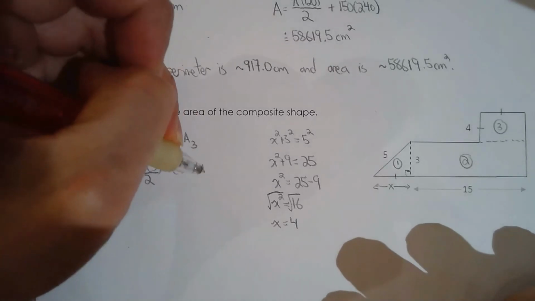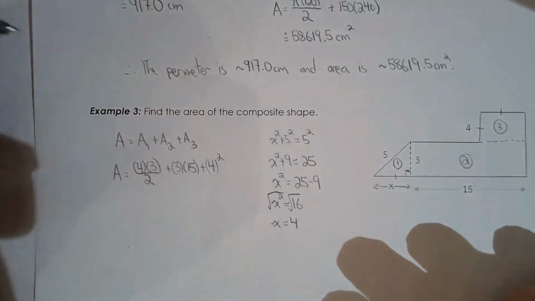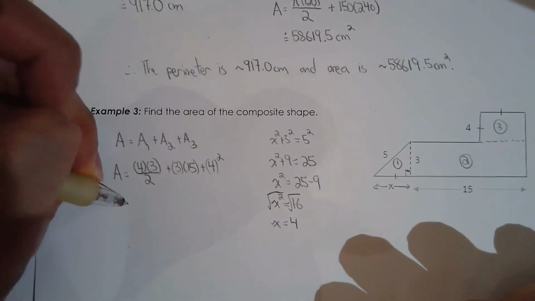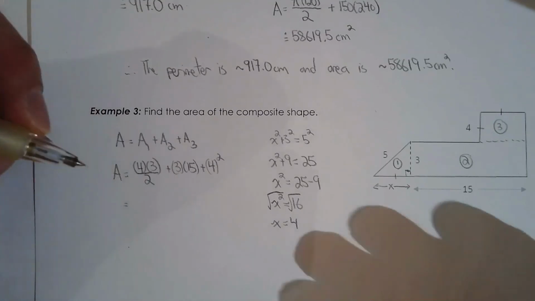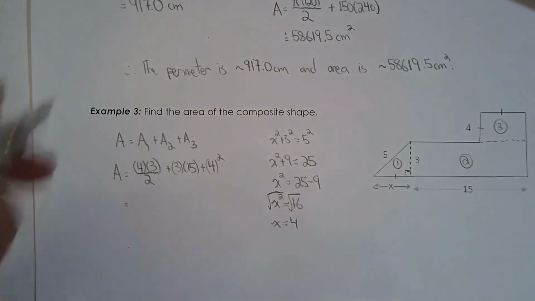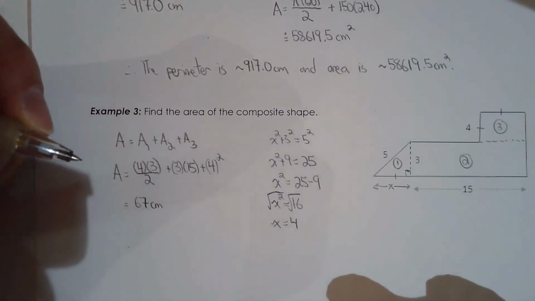And the last figure is a square. That's just the side squared, which is side length is 4 for this square. Okay, this is 6. 6 plus 45 plus 16. 67. Oh, we don't have the units.